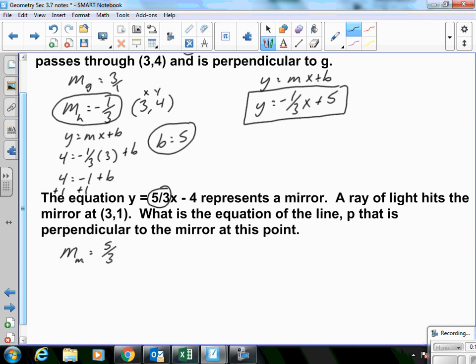And we need the slope of the ray of light. It's going to be the negative reciprocal of that. So we're going to flip the fraction and change the sign. So it's positive, so we need it to be -3/5.